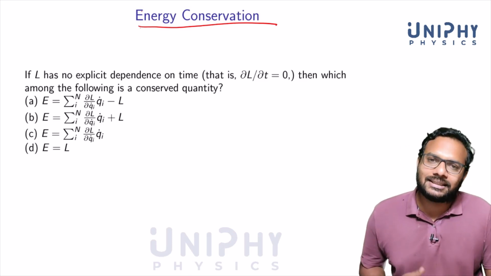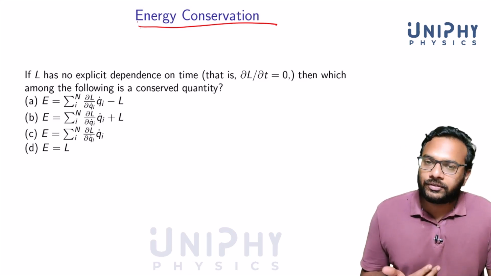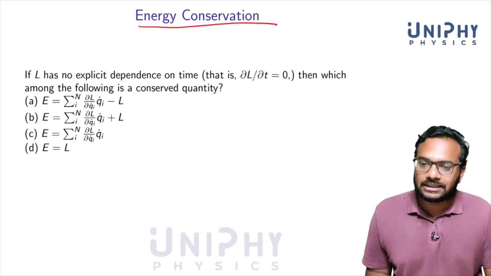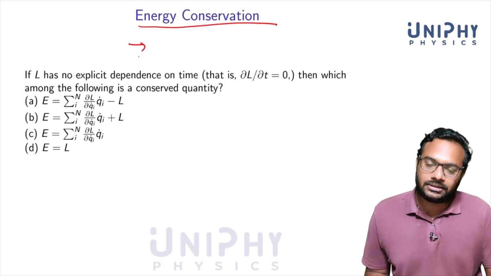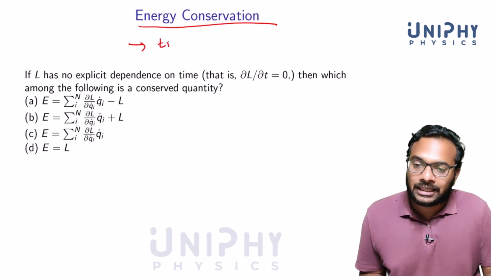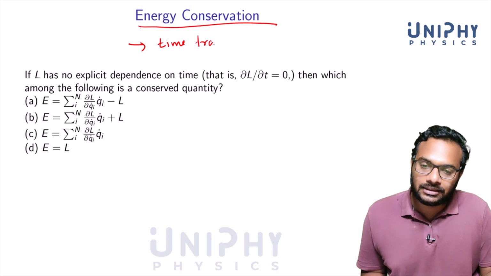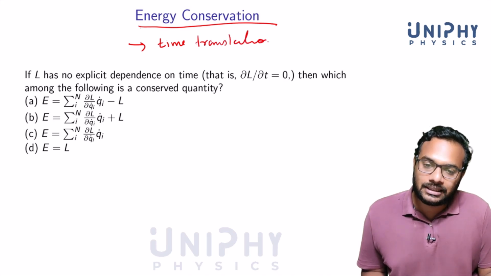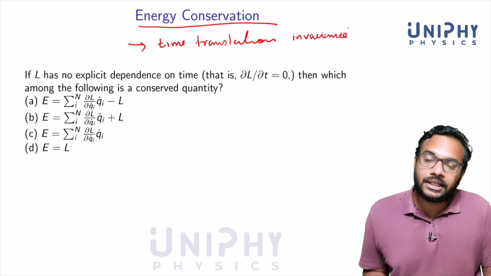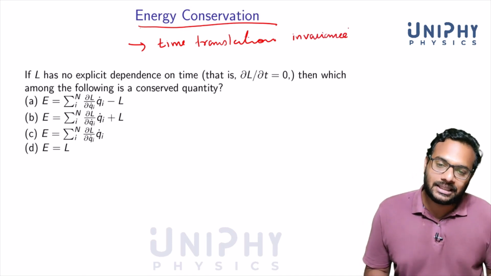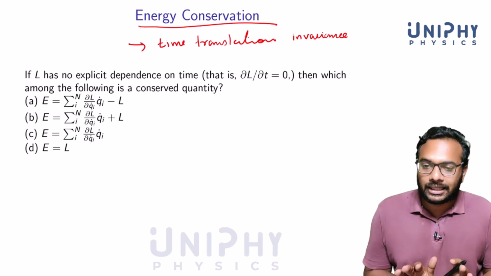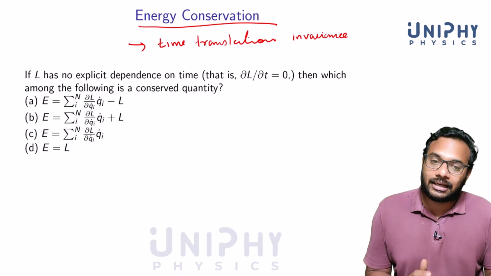We know that energy is one of the important conserved quantities in physics, and by Noether's theorem, we can identify that the corresponding symmetry is time translation invariance. So the conservation of linear momentum is associated with spatial translation invariance, and energy conservation is associated with time translation invariance.